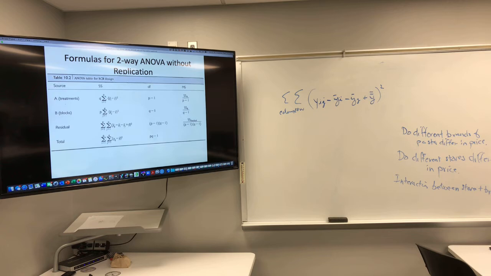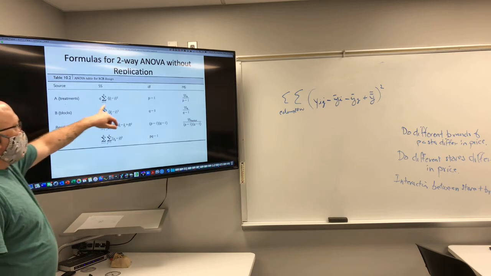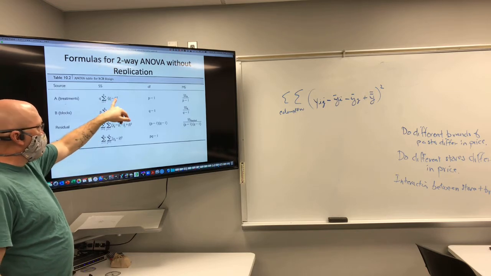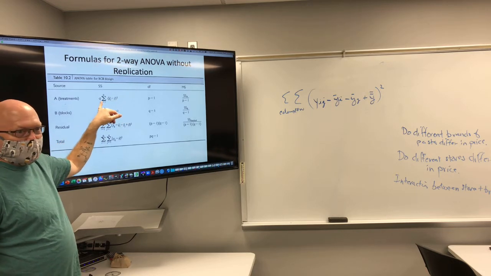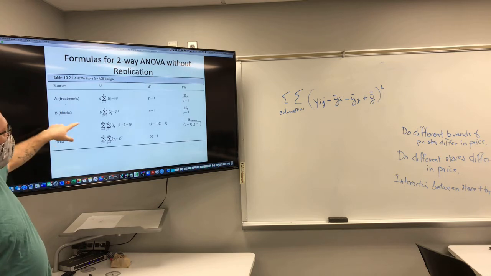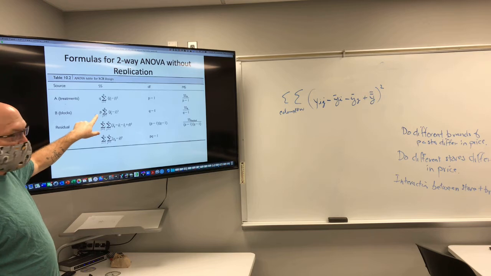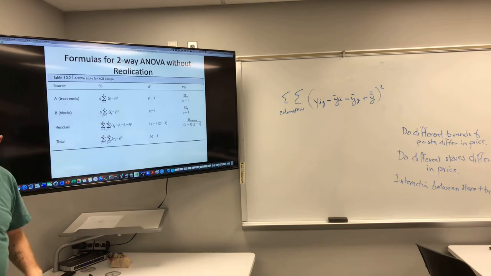We get the sums of squares due to rows by subtracting the row means from the grand mean, squaring that, adding all those up, multiplying times the sample size. Once again, column mean minus the grand mean squared times the sample size of the number of rows that you're doing it across. So all of these other ways of calculating sums of squares is the same. It's just the residual sums of squares that is a little different.